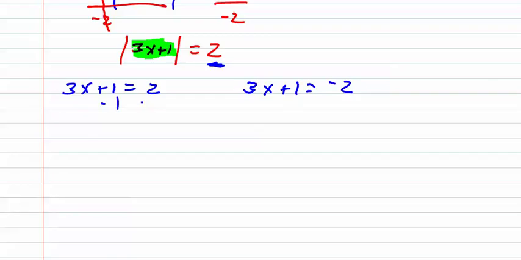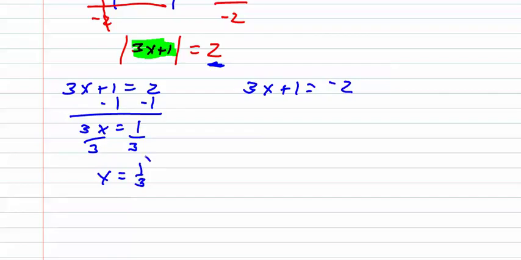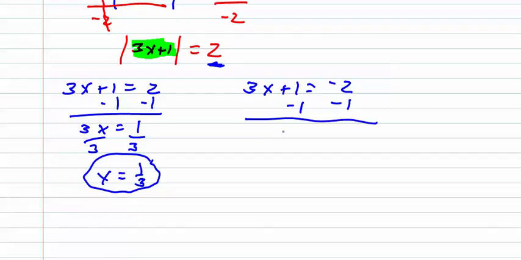Minus 1, minus 1, 3x equals 1, divide by 3, divide by 3, x equals 1/3, minus 1, minus 1, 3x equals negative 3, divide by 3, divide by 3, x is equal to negative 1.